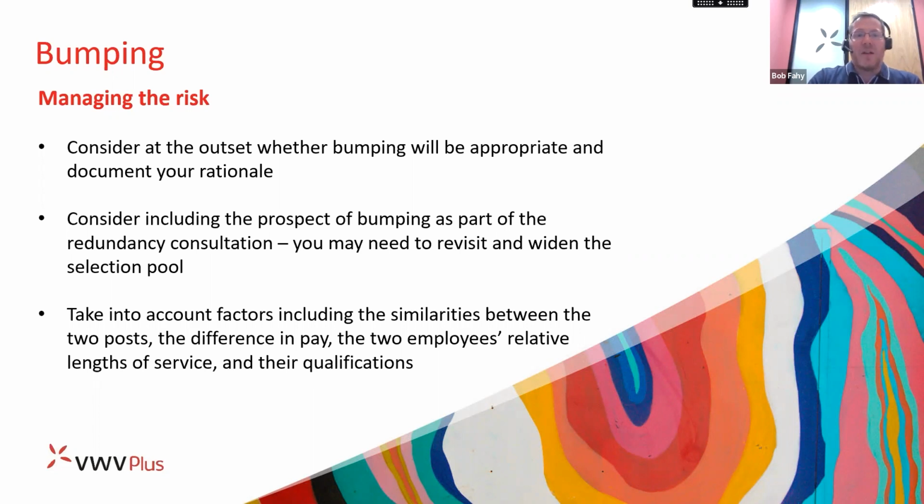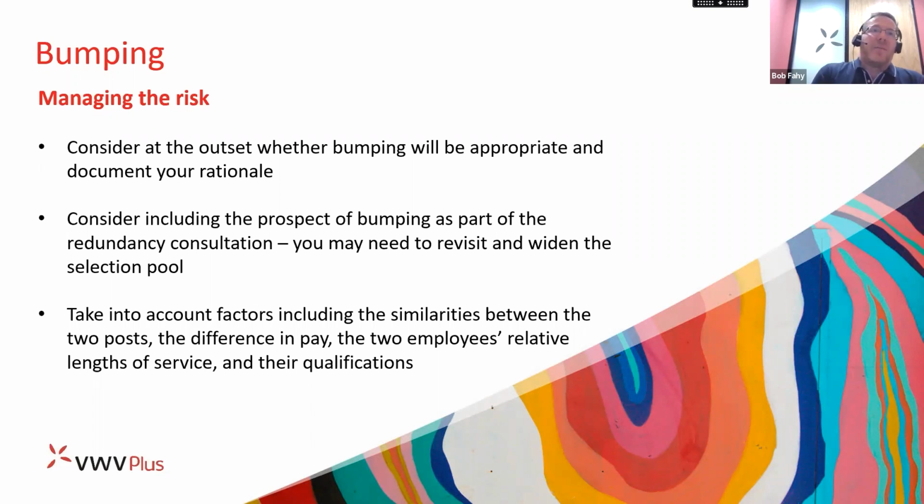Secondly, consider including the prospect as part of the redundancy consultation, and keep that as a live issue. So take it into account if you start the consultation process based on a provisional selection, and you start getting challenges from more senior employees saying, you're getting rid of me, but I could do that role, for instance. Be alive to that possibility and show that you're taking that into account.